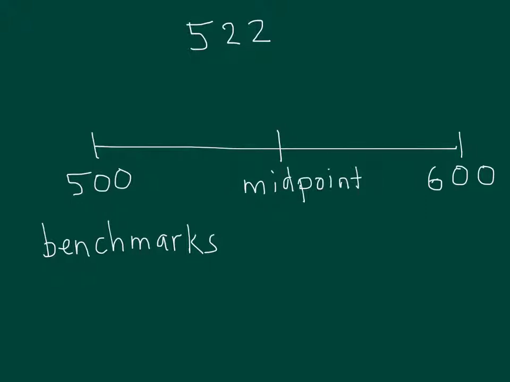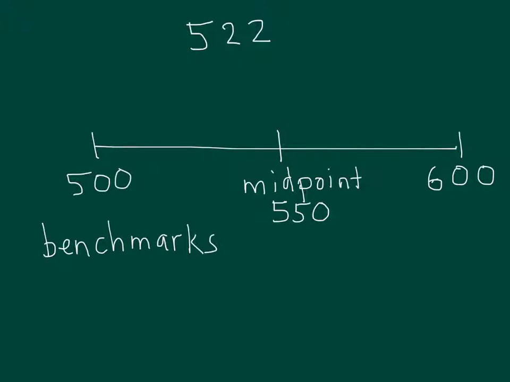Now, this is going to determine whether this number rounds closer to 500 or to 600, right? So the midpoint here, this is just a number that is exactly in the middle, and it's 550, because we know the 50 is halfway between 100.